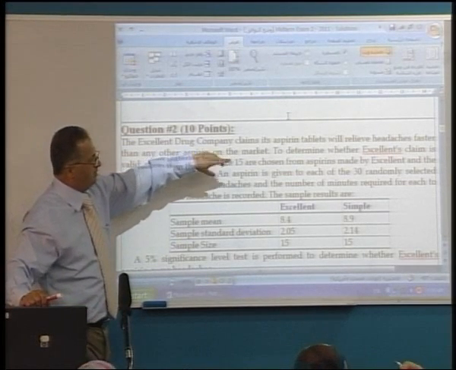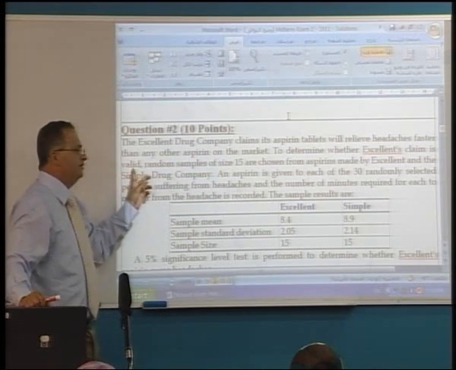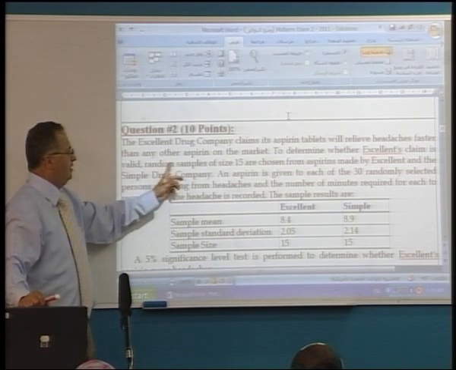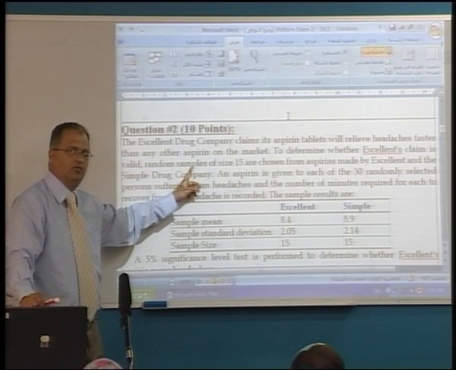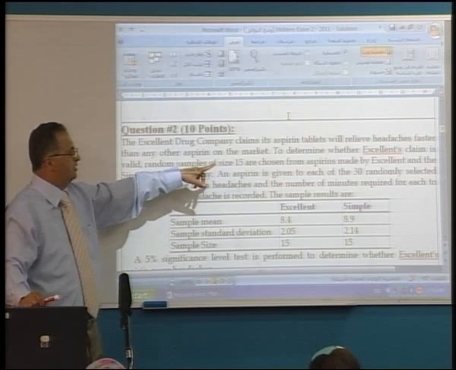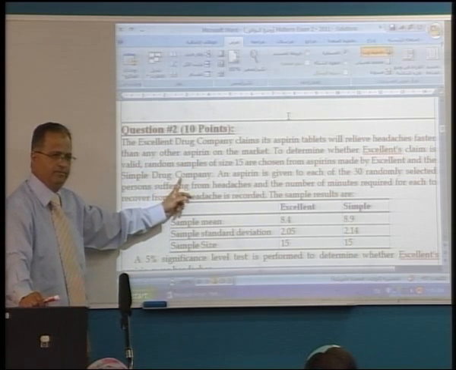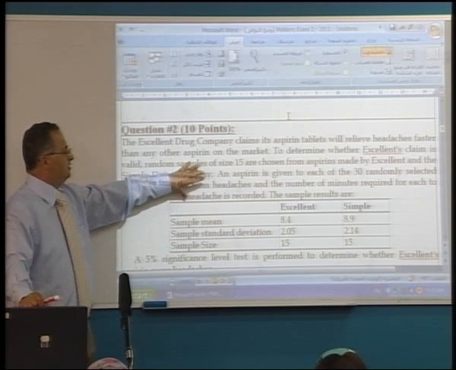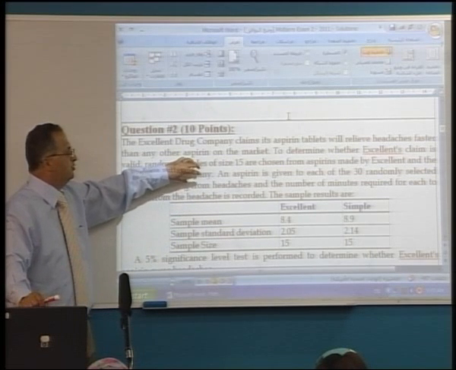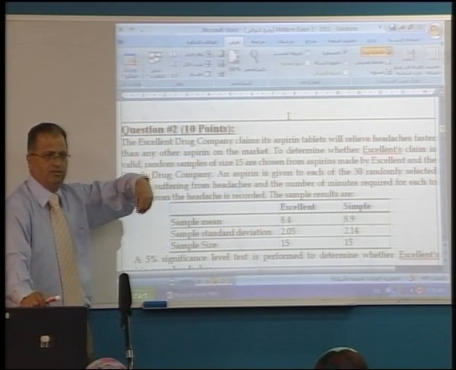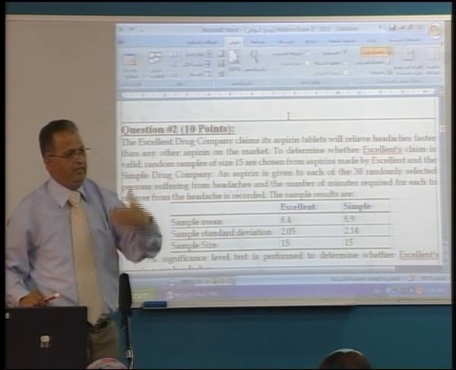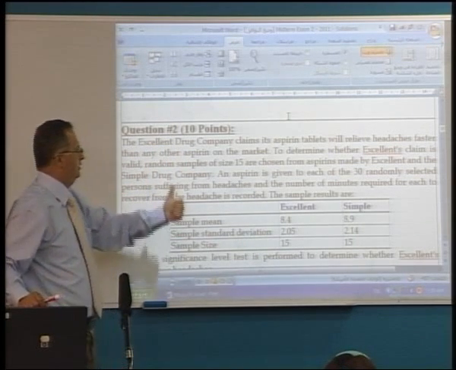To determine whether Excellent's claim is valid, random samples of size 15 are chosen from aspirins made by Excellent and the Simple Drug Company. So a sample size of 15 is chosen from each. So that means n1 equals 15 and n2 also equals 15.